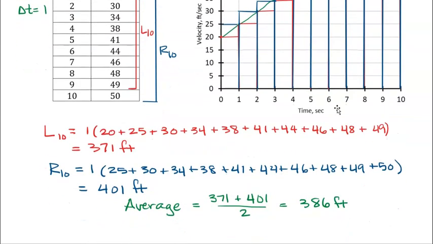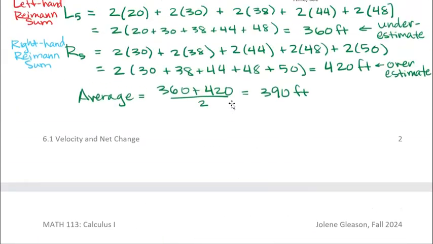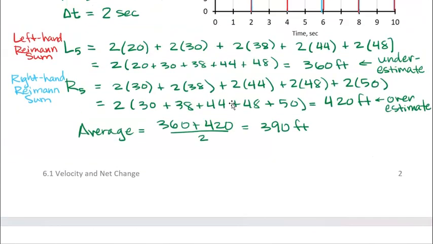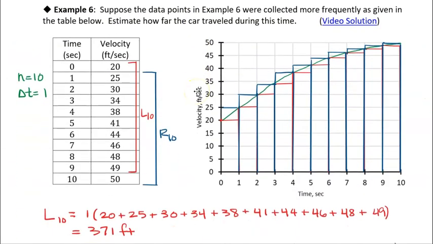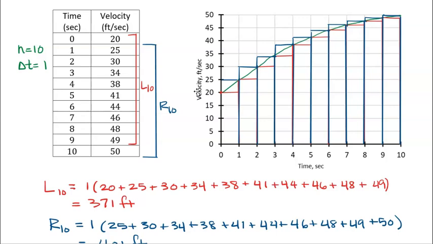The estimate is better, because this is saying the distance I traveled is somewhere between 371 and 401, basically 386 plus or minus 15 feet. Whereas with my estimates before, it was somewhere between 360 and 420 feet, plus or minus 30 feet. So we get a much better answer if we sample the velocity more frequently.